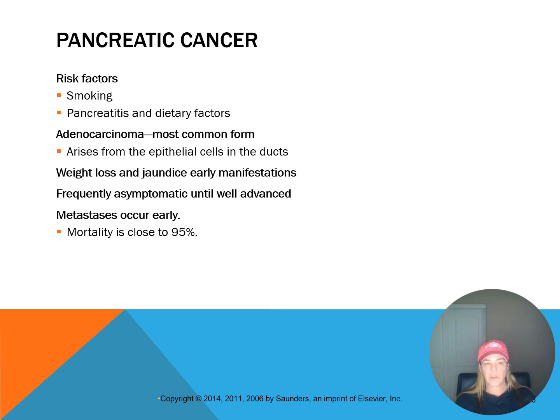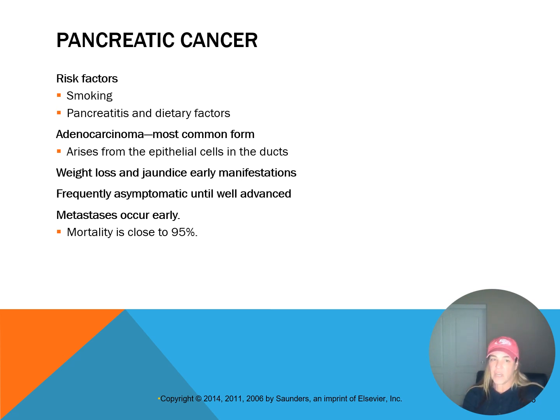Risk factors of pancreatic cancer include smoking, having had pancreatitis in the past, and dietary factors. The most common pancreatic cancer is adenocarcinoma. It arises from the epithelial cells in the ducts. You will see weight loss and jaundice as early manifestations.